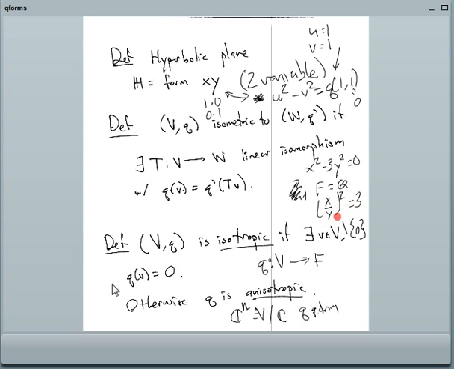That's really an arithmetic question. It depends on what the original field was. If you join a square root of 3, then suddenly you have a solution, but before you didn't. So the question of isotropy is very much an arithmetic question about the field.